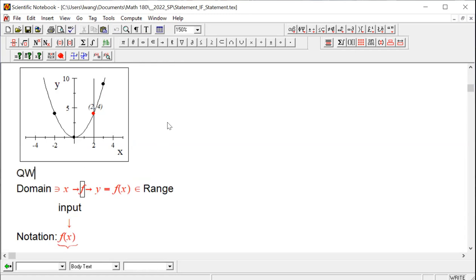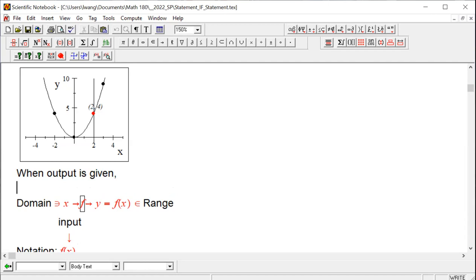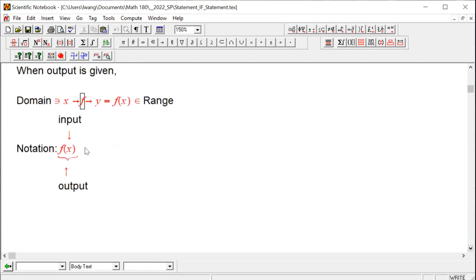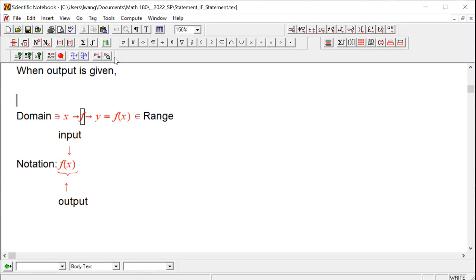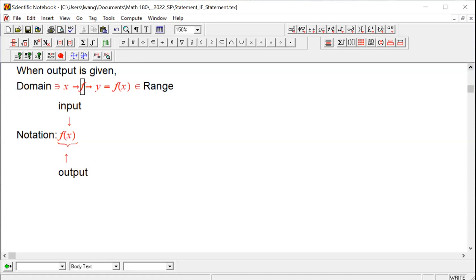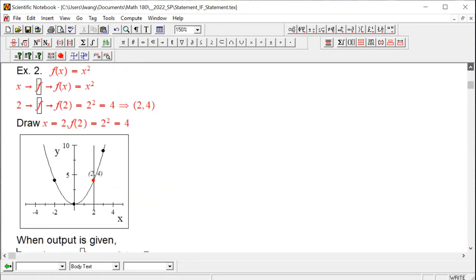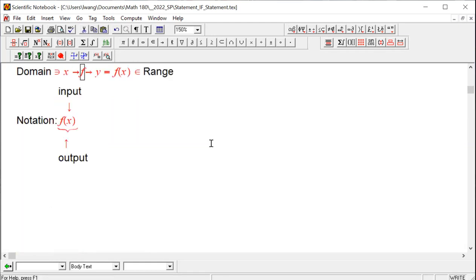When output is given, we know the output, but we don't know the input. Typically, it comes with the if statement. For example, take this function.